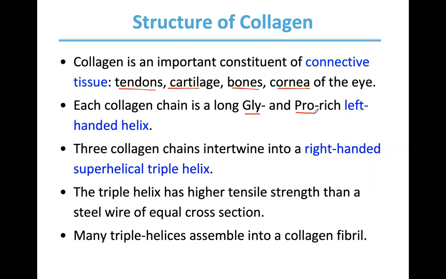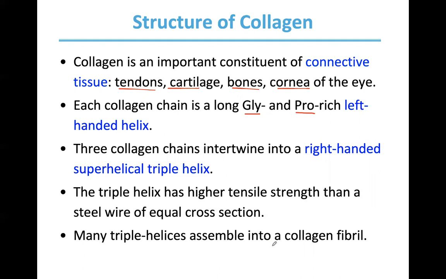And this will be a left-handed helix. And 3 collagen chains intertwine into a right-handed superhelical triple helix. And so we'll look at the structure in a moment. The triple helix has a higher tensile strength than a steel wire of equal cross section. This is how strong collagen fibers are.